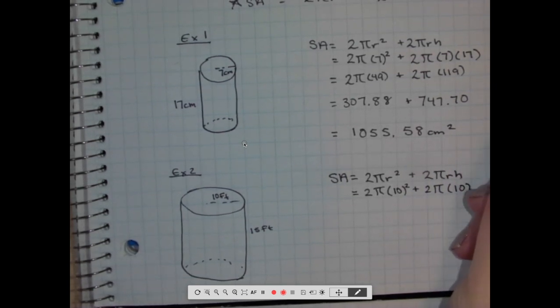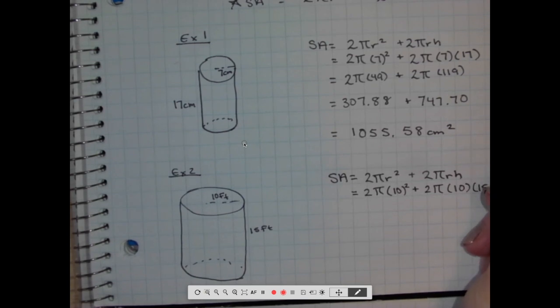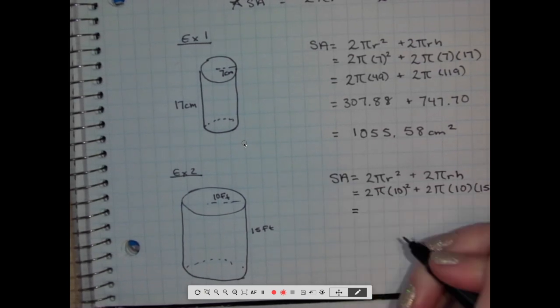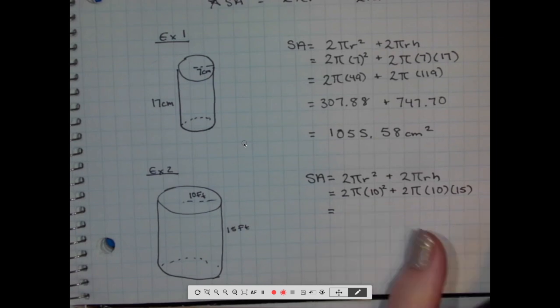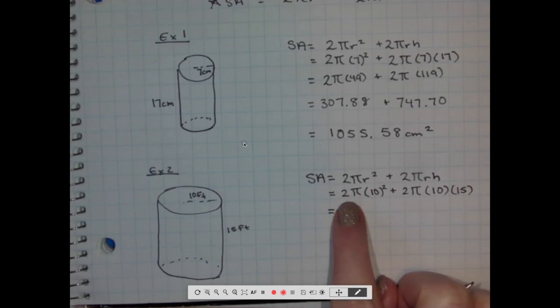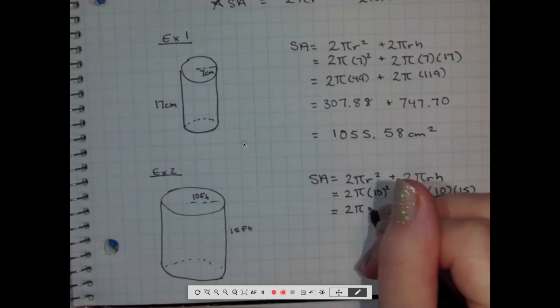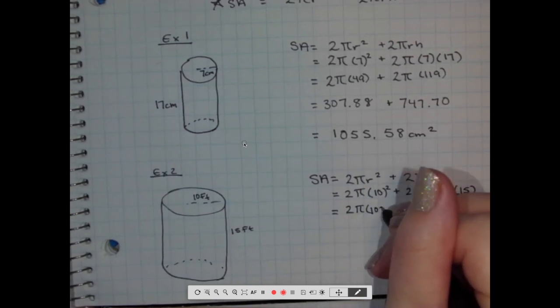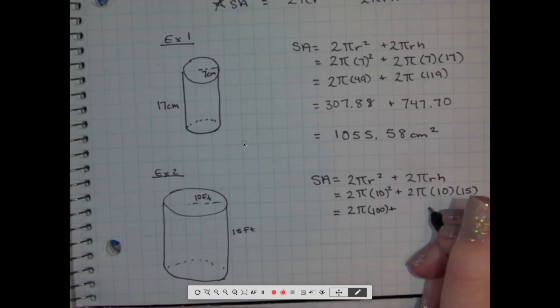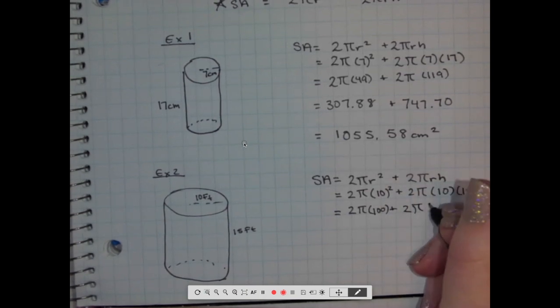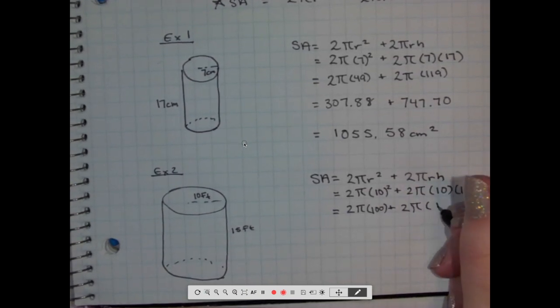My radius is still 10, and my height is 15. Oops. So I'm going to leave my 2 pi as it was. 10 times 10 is 100. 10 times 15 is 150.